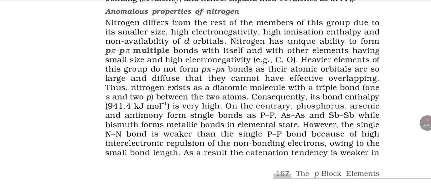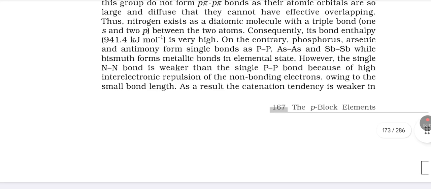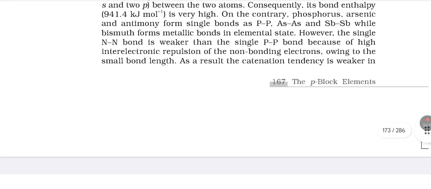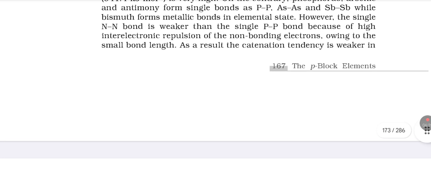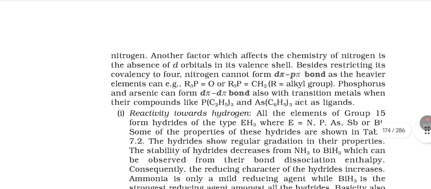However, the single N-N bond is weaker than the single P-P bond because of high inter-electronic repulsion of the non-bonding electrons owing to the small bond length. As a result, the catenation tendency is weaker in nitrogen.